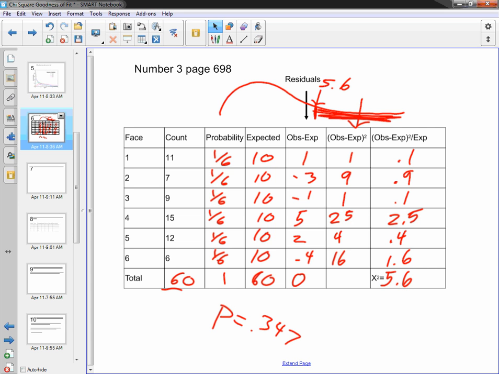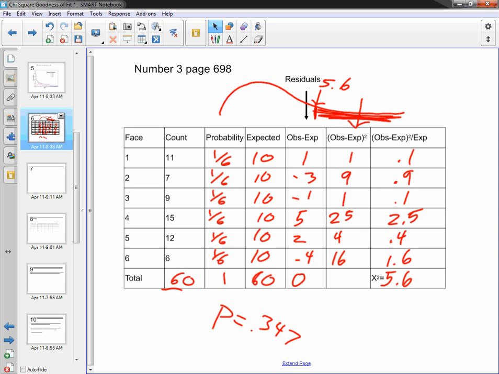What's the next condition? Independence. Each time we throw the die, is that independent of what happened right before? Yes. If I got a 6 last time, that doesn't have any bearing on what I'm going to get this time. So each of the rolls are completely independent, which makes it random, right? Because we're throwing a die, so it is random, so we don't have to worry about the randomness.